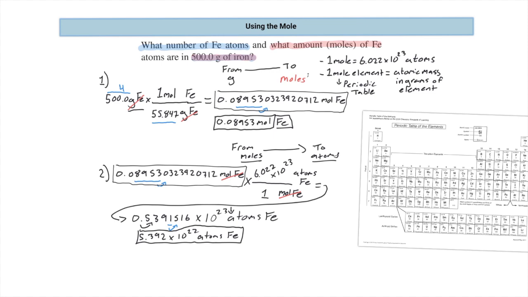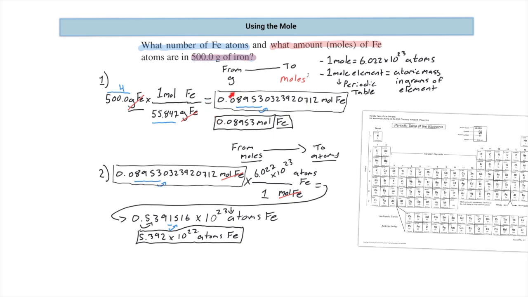So here we've done two types of mole conversion problems. We did an example where we convert from grams to moles, and an example where we go from moles to atoms. Other examples would be where we could have done this all in one step, going straight from grams all the way to atoms. We would have just put this conversion factor right next door to this one.